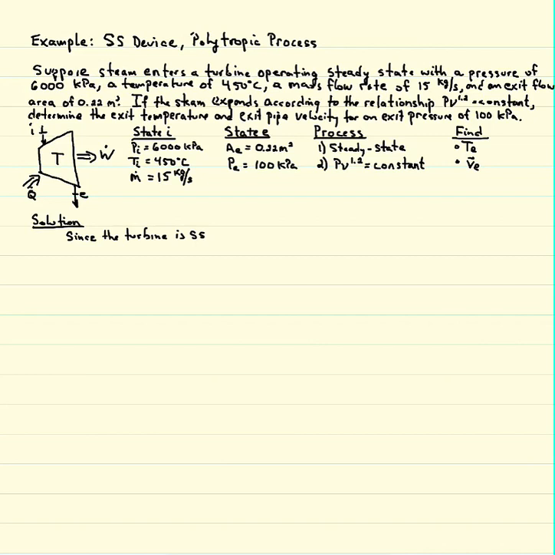What that means is that our conservation of mass equation is the following: the sum of our inlet flow is equal to the sum of our exit flow. Since there's only one flow in and one flow out, there's only one inlet flow and one exit flow.